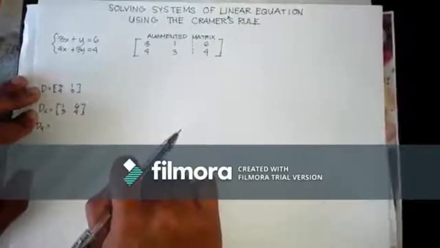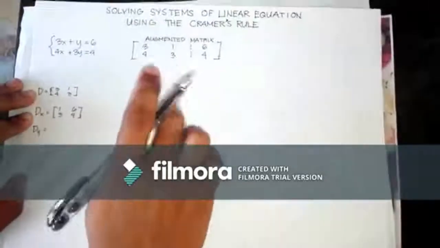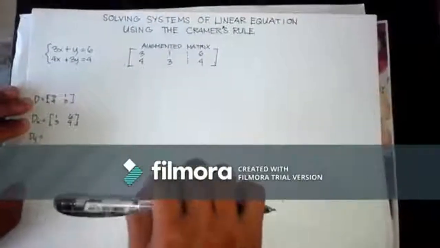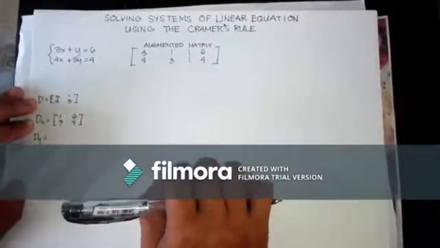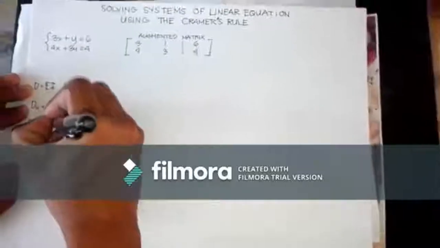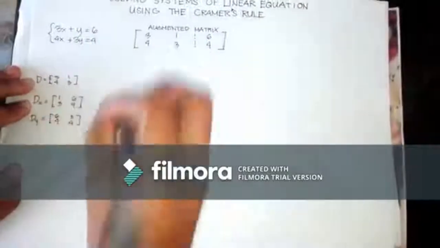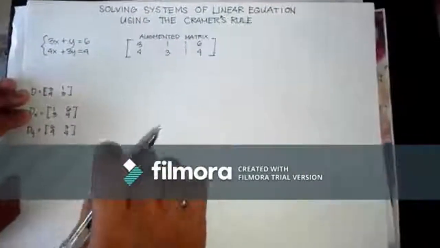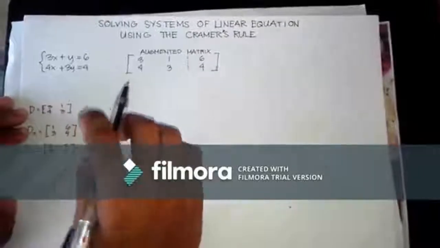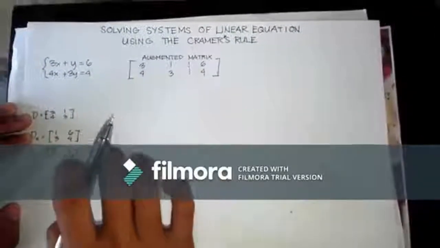Next we need to cover the y coefficient part of the augmented matrix to find the value of d sub y. So we write down these numbers.